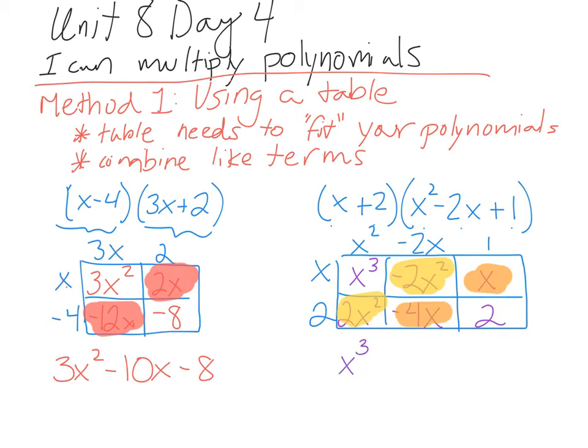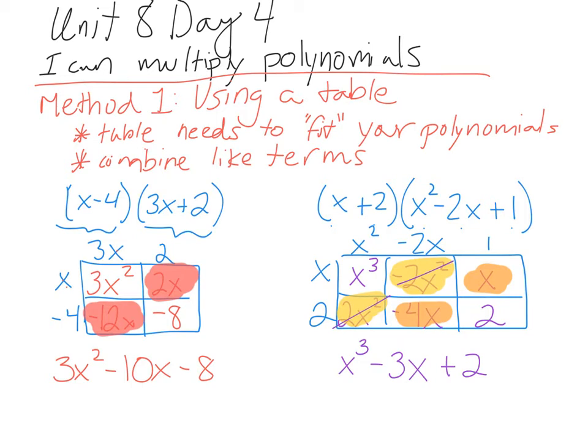There's nothing else to add to that. Well, wait a second. 2x squared minus 2x squared, those cancel out. Those just go bye-bye. Minus 4x plus x is minus 3x. And last but not least, I've got that 2. So I add 2.